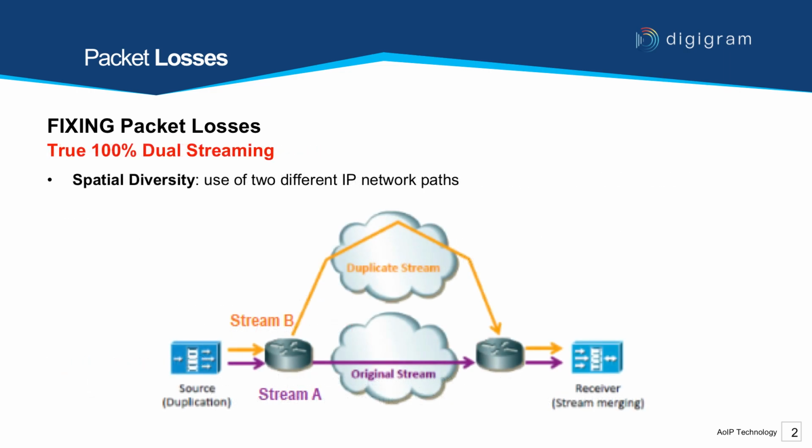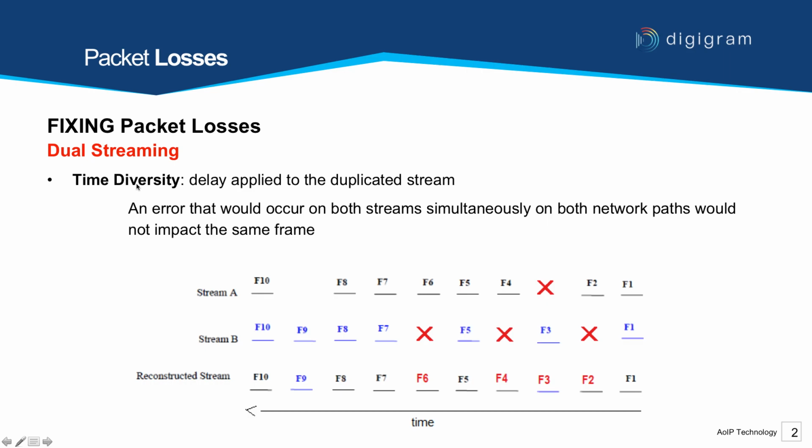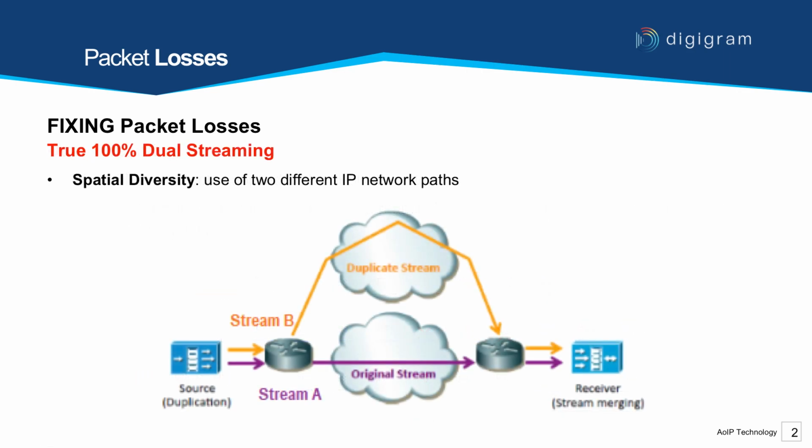The third thing that makes Digigram's Fluid IP unique, and probably one of the most significant, is this idea of 100% dual redundant streaming using spatial diversity and using time diversity, all part of the dual stream. The first concept is spatial diversity. Basically, the path that the audio takes is two separate paths over the internet.